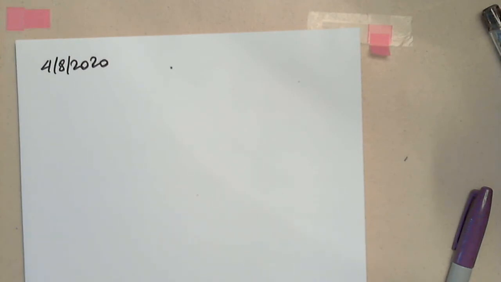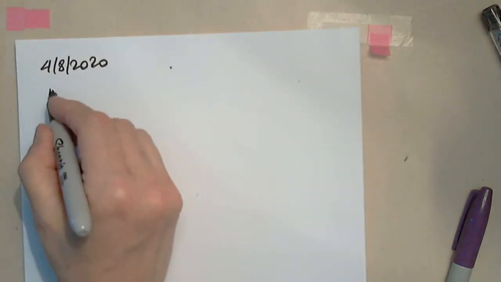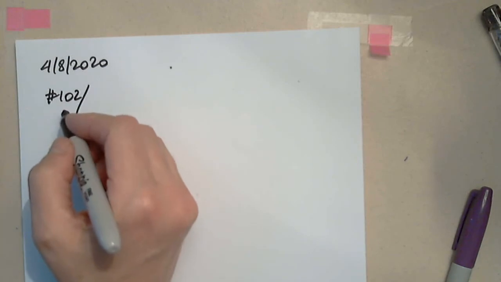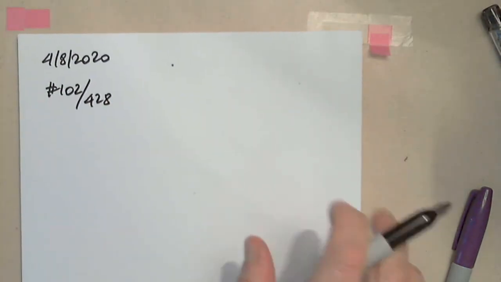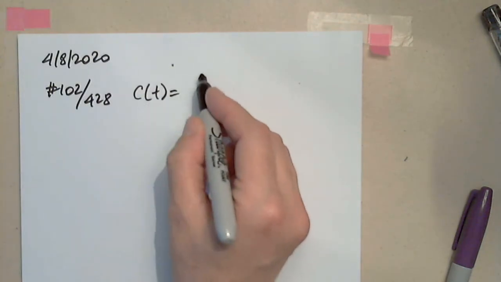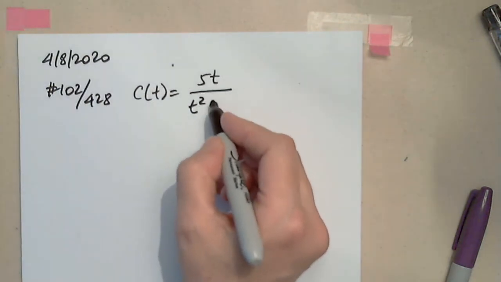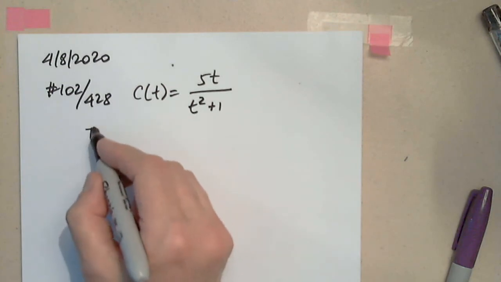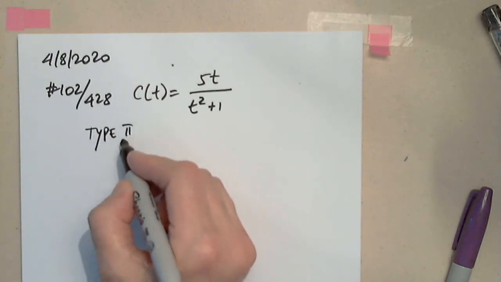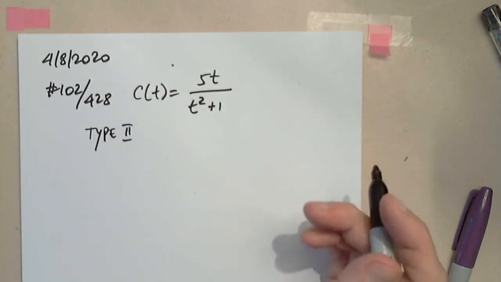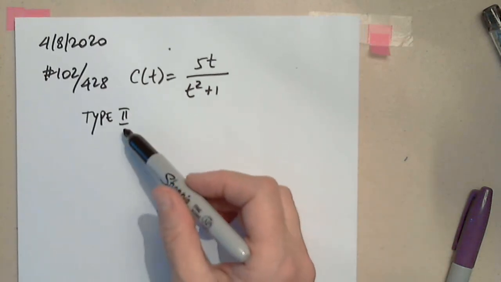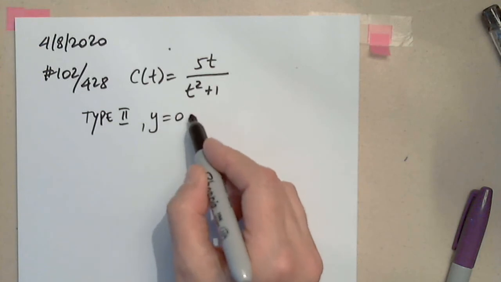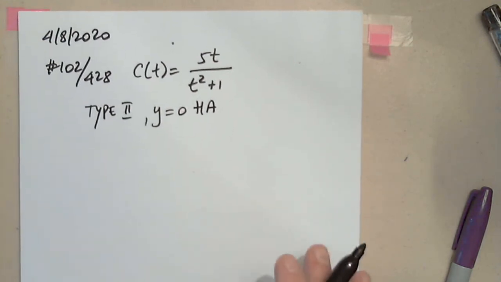So this is problem 102 on page 428. And the function is c of t equals 5t over t squared plus 1. So we said type 2, which means y equals 0 is the horizontal asymptote.